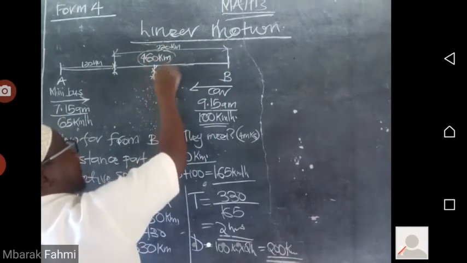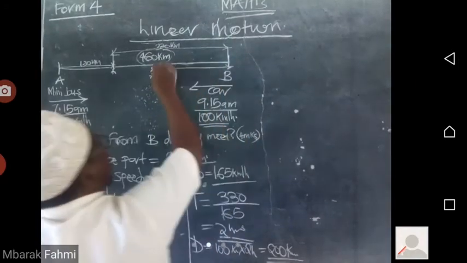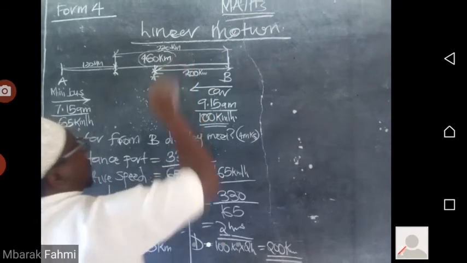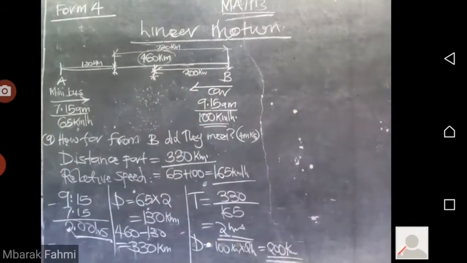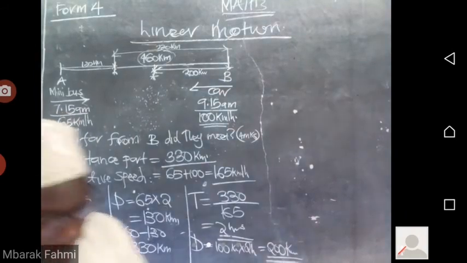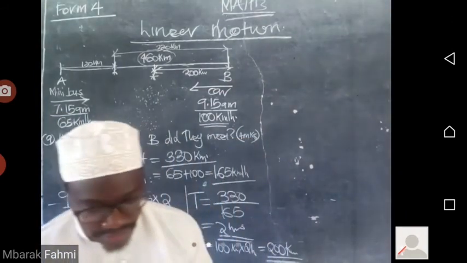So the distance from B will be 200 kilometers. How far from B did they meet? It will be 200 kilometers.